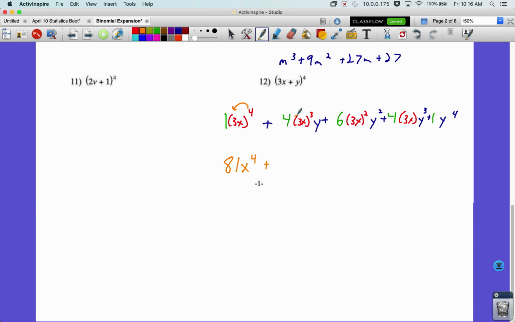3 to the third is 27 times 4 is 108 x cubed y. This becomes a 3 squared, 9 times 6 is 54, so plus 54. Oh, we're missing a y here. Plus 54 x squared y squared.